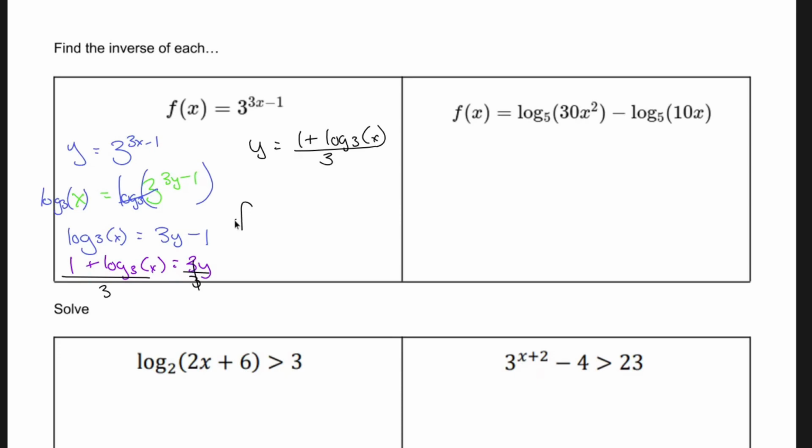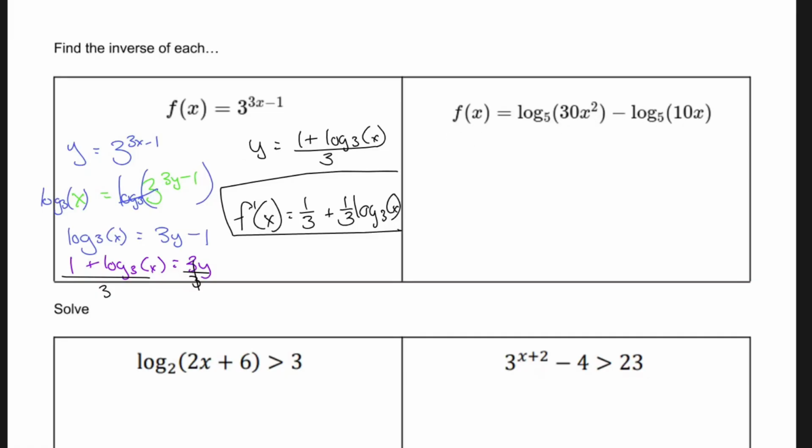Now that I have y by itself, f inverse of x, I'm going to write it out as 1/3 plus 1/3 log base 3 of x. And if you want to, you can make that the cube root of x. But I ain't. In order for me to do that, I really first need to combine the logs.